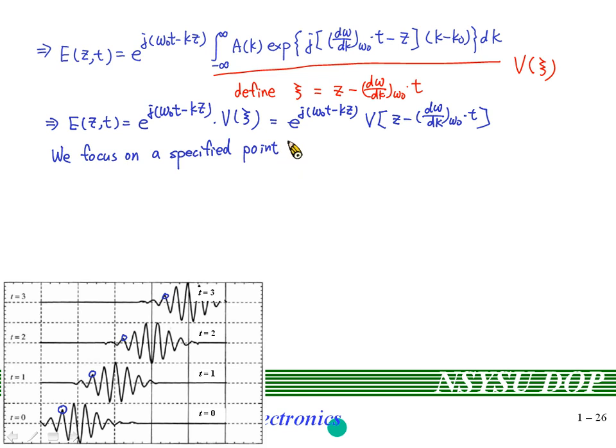Suppose that the specified point we focus on has the psi value of psi 1. At time t, the specified point is at the position z. As time goes to t plus delta t, the specified point will move to z plus delta z. Since these two points have the same value of psi 1, we can express it as this.